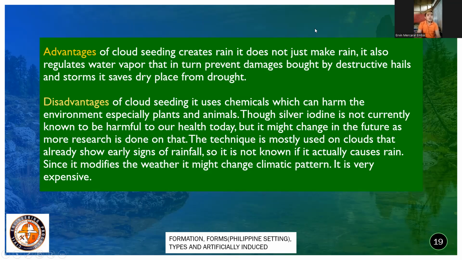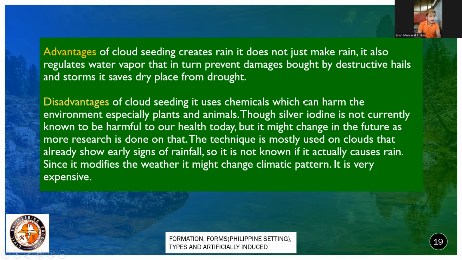The main point of having cloud seeding is to save dry places from drought. Through the product of cloud seeding, which is the raindrops, it can make the place humid again. If that makes sense.